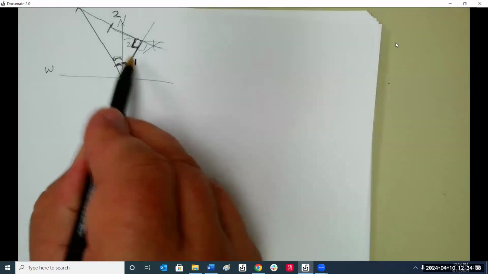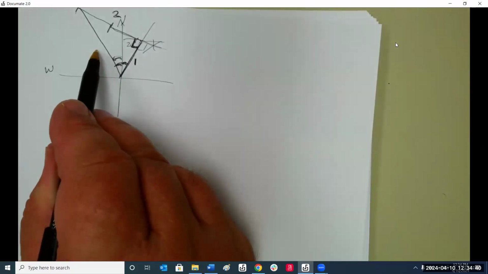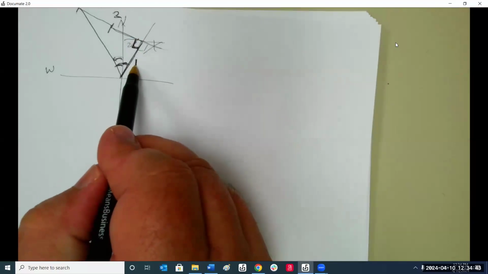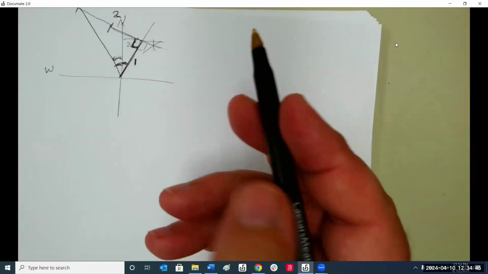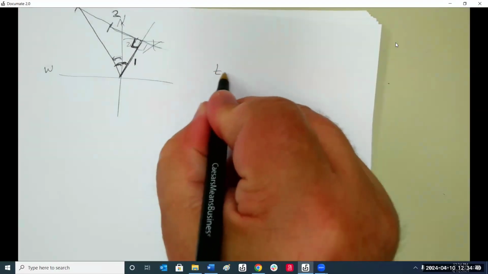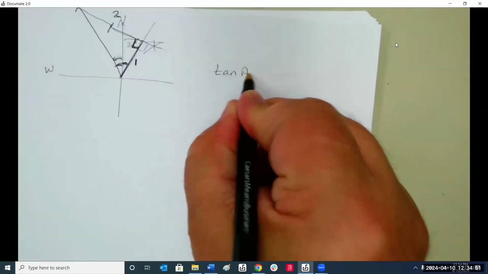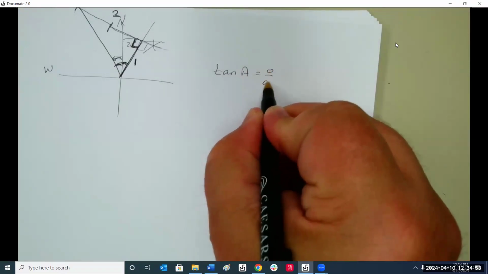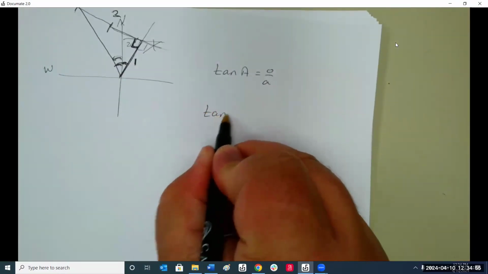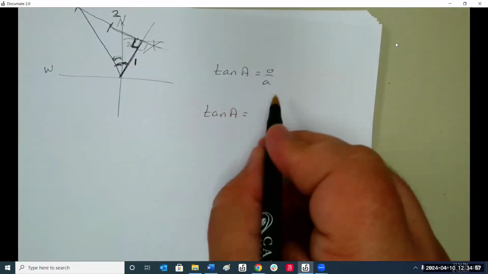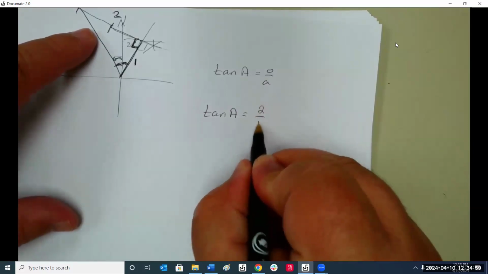Do we have the hypotenuse? No, all we have is the adjacent and the opposite. Which one does that deal with? Tangent A equals opposite over adjacent. Opposite is 2 over 1.